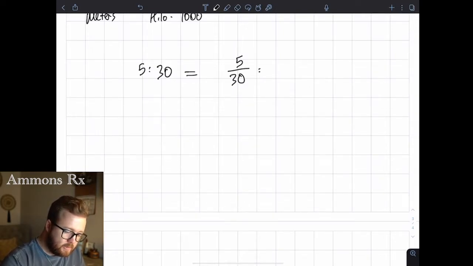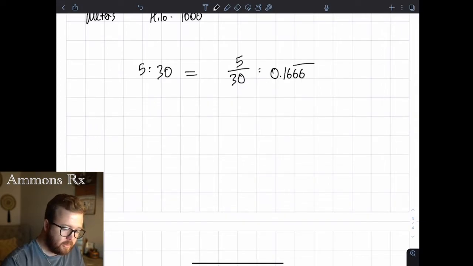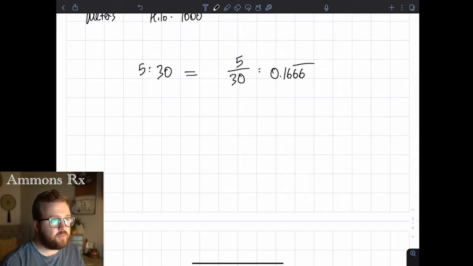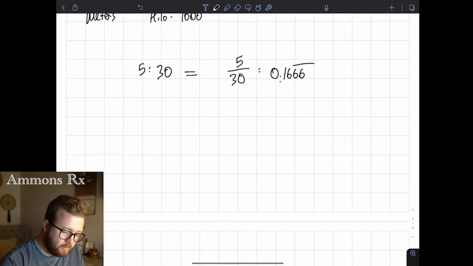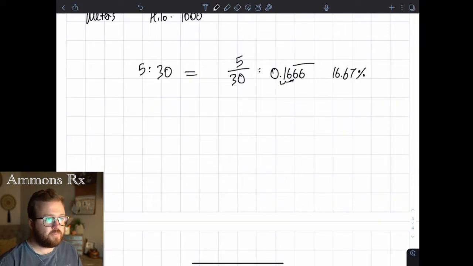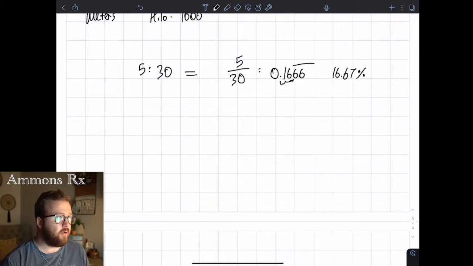So that is 0.1666 repeating. How do I convert that to a percentage? I just multiply by 100 or just move that decimal place over 2 times. And that turns into 16.67%. Okay? Anytime you see that colon, the ratio, that's the same thing as just putting the number over the other one.